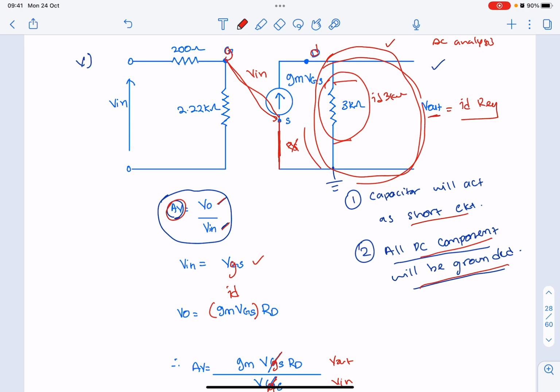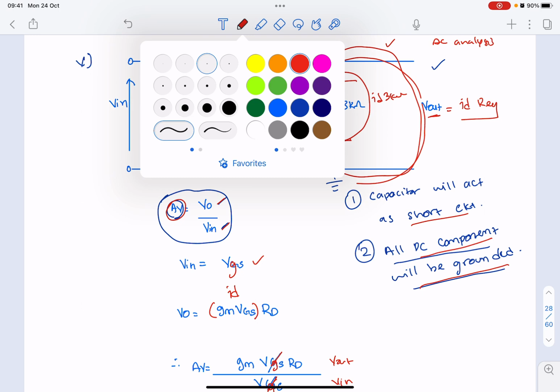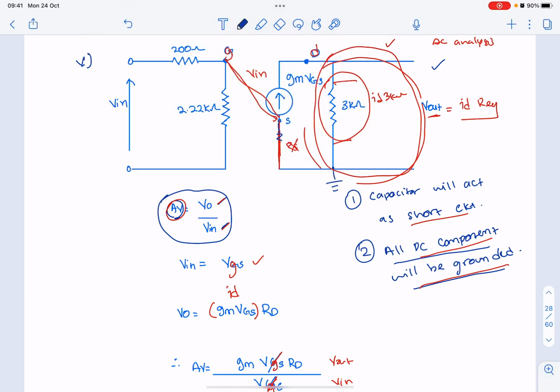If there is RS here, your Vin will change. Let's say, for example, you have RS here. Then your Vin is equal to VGS plus VRS. This is if there is RS here. If there is no RS, let's say RS is short circuit, you can cancel this one, so it becomes 0.